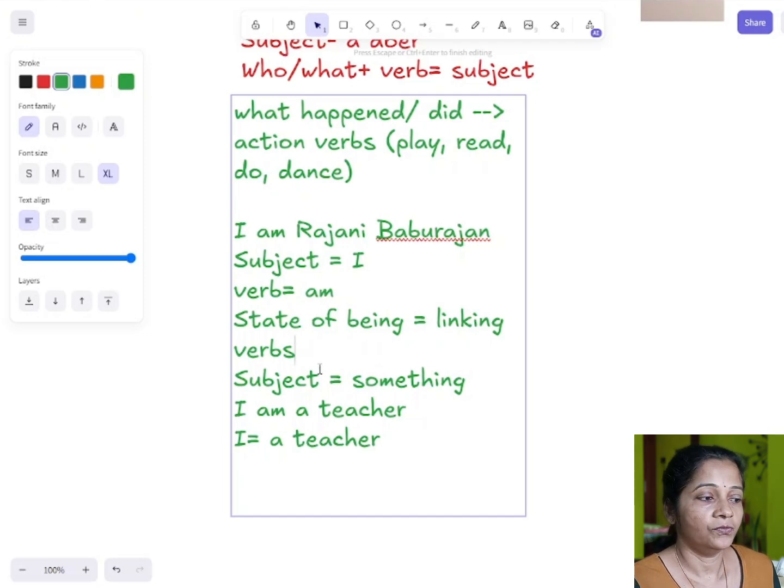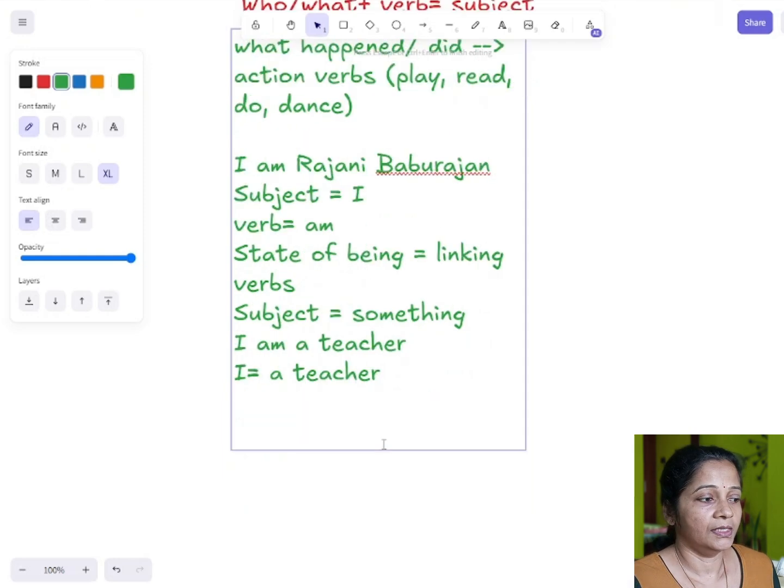Not like that. Some verbs like am, we saw here, I am a teacher, I am Rajini Papurajan. So these denote the state of being. It says what the subject is. When we say what the subject is doing, then it becomes action words or action verbs. Clear? So now I am a teacher, so am is a linking verb.